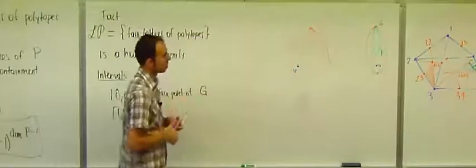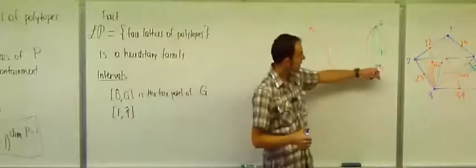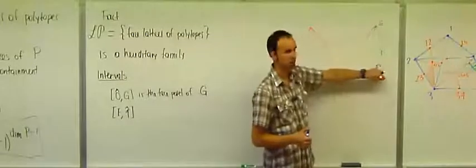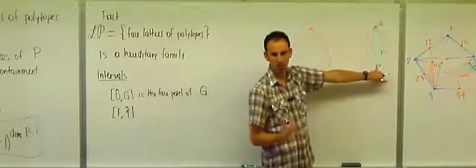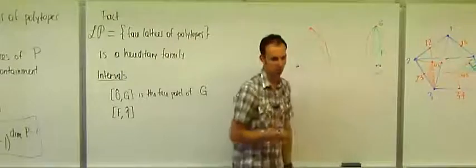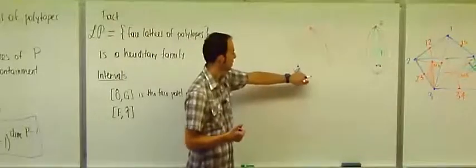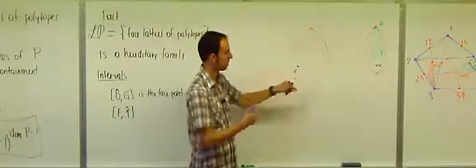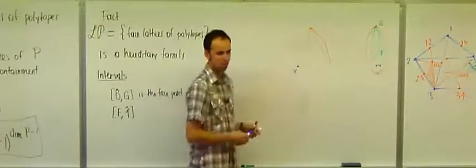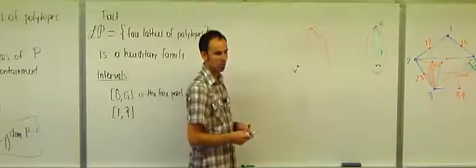Okay. So if you look at the faces of the orange polytope that contain V, I want to say that those correspond to the faces of some polytope. Okay. So the faces of the orange polytope containing V. How can I make them correspond to the faces of a polytope?